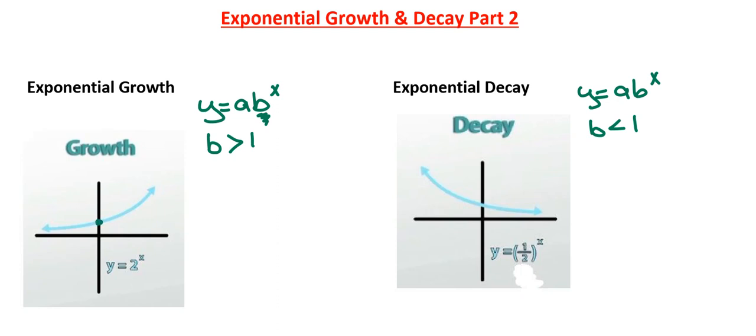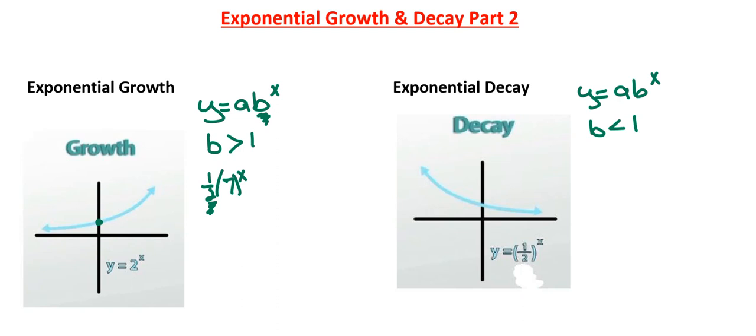Take something like 7 to the x with no coefficient, or rather, a is 1, because if there's nothing written there, it's understood to be 1.